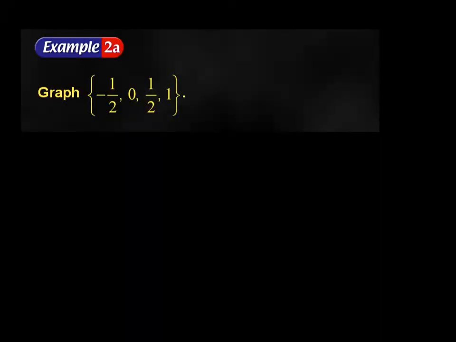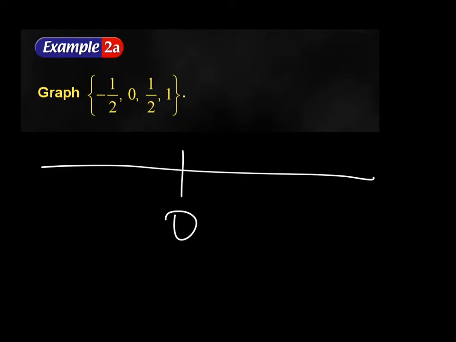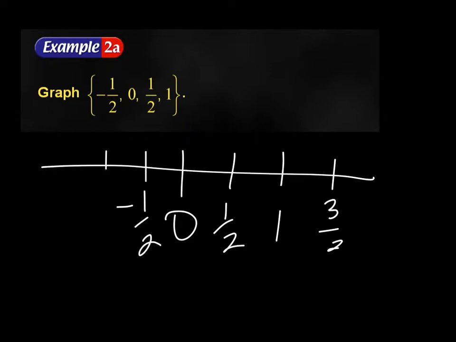Now we get to do the graphing, so I'm going to draw a nice little number line. We need points at 0, and they're going by halves, so I'm just going to label this 1/2, 1, 3/2, that's plenty, -1/2, -1, just going the same distance both sides.